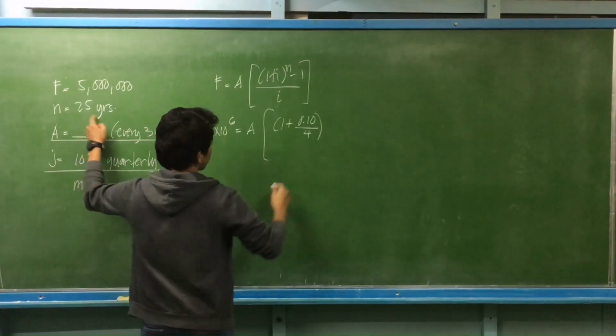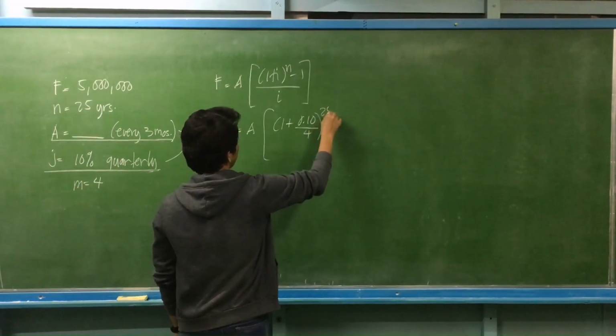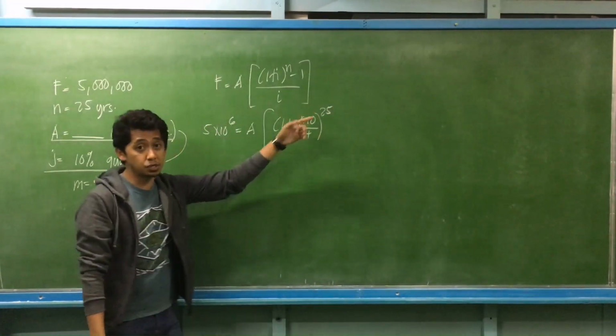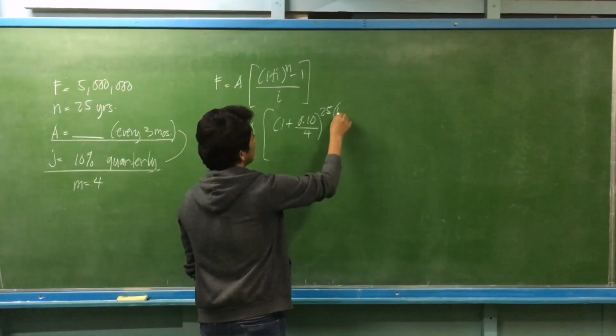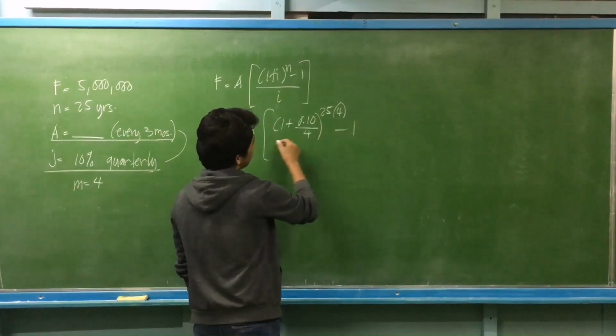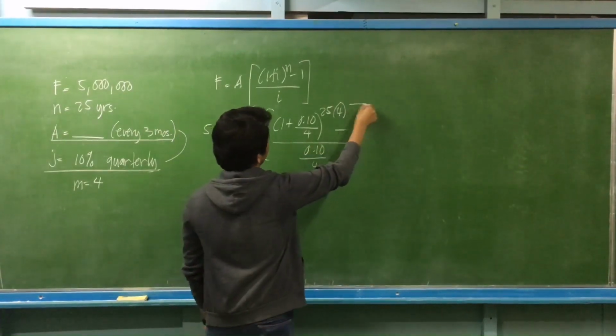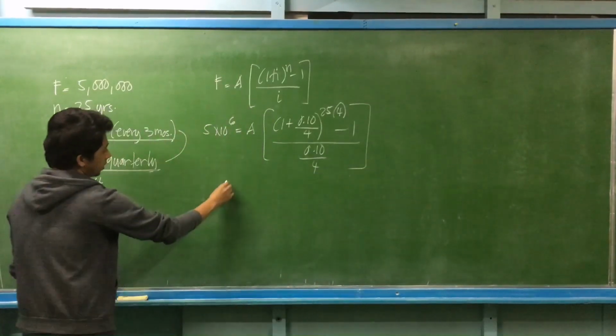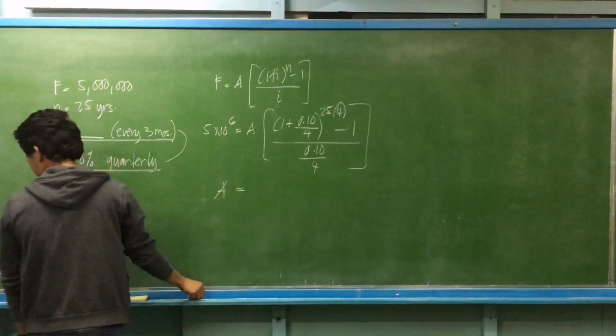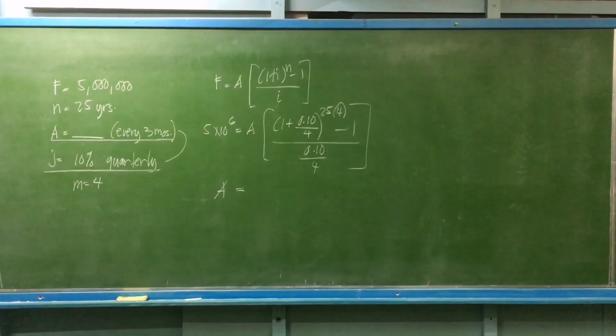Good for 25 years, so 25. Each year of these 25 years has 4 quarters, times 4, minus 1, divided by 0.10 divided by 4. So we are solving for the amount paid every 3 months.